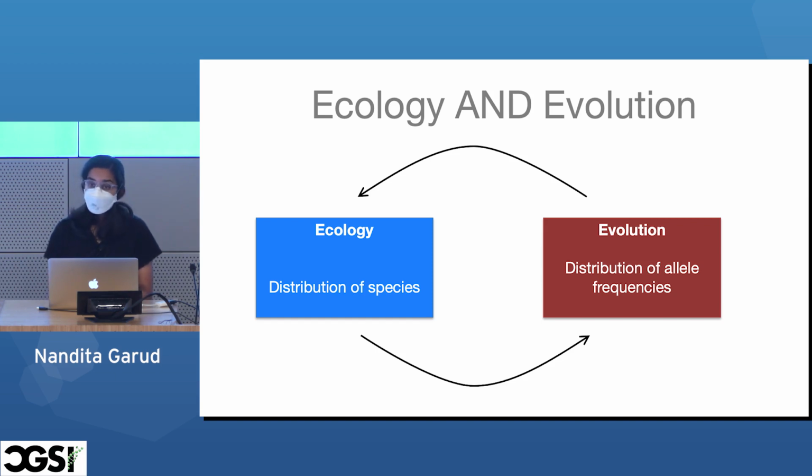So it's not just evolution that's happening, but also ecology. You have ecology, maybe you're counting the distribution of species. In evolution, you're looking at the distribution of allele frequencies, and they're interacting with one another. And that's what makes studying population genetics in the microbiome so special and different from studying it in any other organism or system.